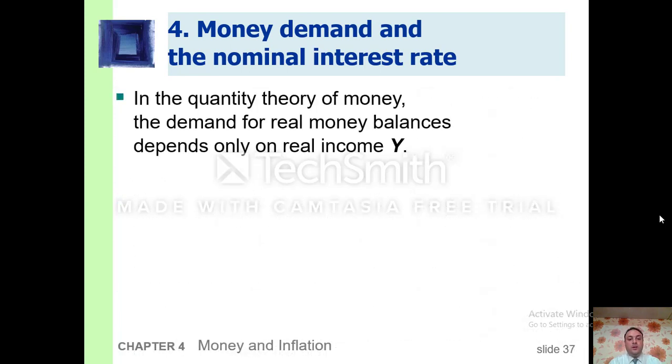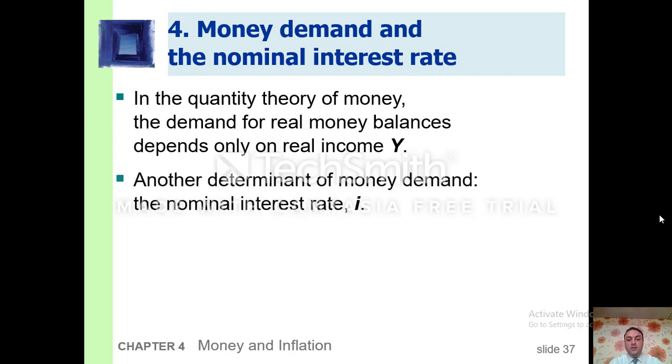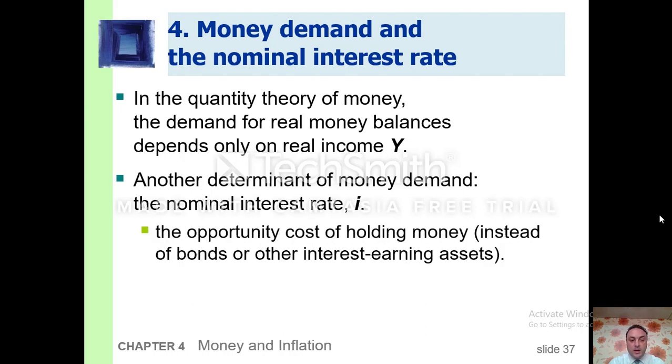In the quantity theory of money, the demand for real money balances depends only on the real income. Another determinant of money demand is the nominal interest rate, which is the opportunity cost of holding money instead of bonds or other interest-earning assets. So when the nominal interest rate increases, the money demand decreases.